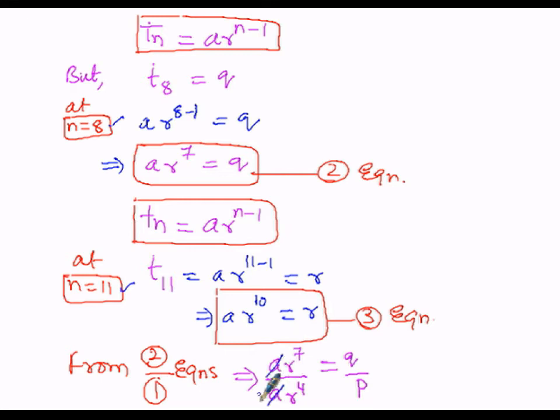Then r power 7 divided by r power 4 equals q by p is the next logical step. It is in the form of a power m divided by a power n, where the bases are equal and the numerator's exponent is greater than the denominator's exponent, so I am going to use the identity a power m divided by a power n equals a power m minus n, which applies when m is greater than n.